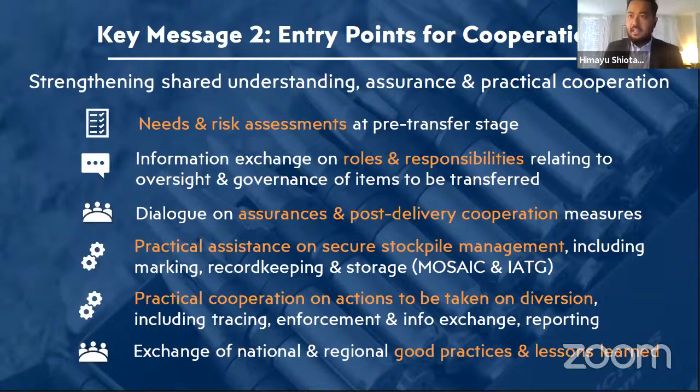Linked to this, of course, is assistance. We have seen increasingly that sometimes supplying states, depending on the type of item, whether high risk or not, or the type of end user, may say, okay, this item, for example man-portable surface-to-air missiles, is a particularly high risk item, but we understand that those items are needed by the recipient, but we're going to tie into that additional security measures and assistance programs to make sure that the recipient can secure those items after they've been delivered.